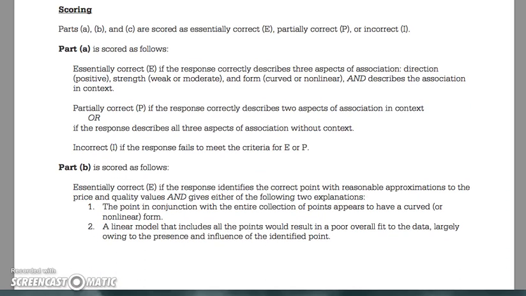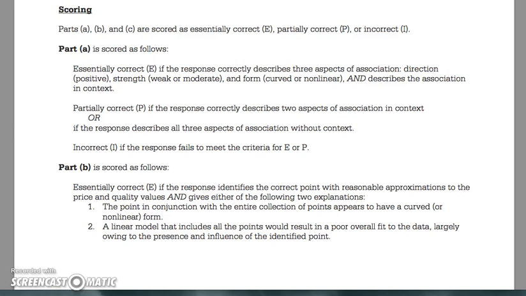Here's an explanation of how the scoring for this question would be if it was a real AP Stats free response. So part A is scored as follows. Essentially correct, E, if the response correctly describes three aspects of association: direction, positive; strength, weak or moderate; and form, curved or nonlinear.